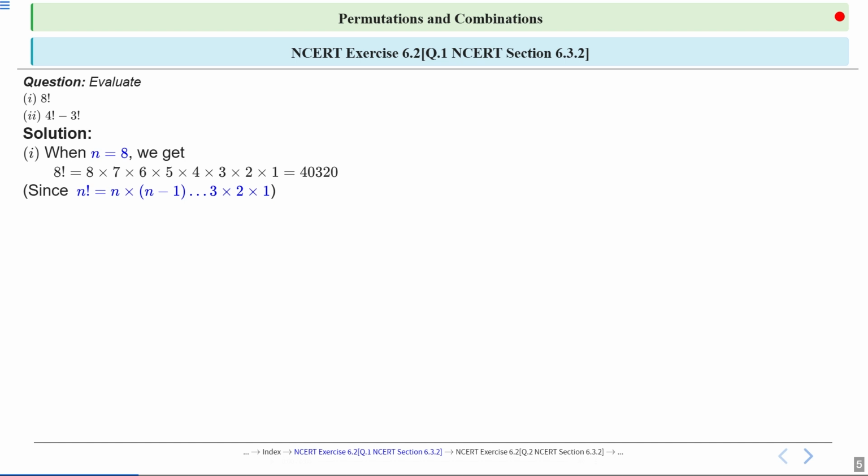So 8 factorial is equal to 40,320, and here basically we use this formula n factorial is equal to n times n minus 1 times n minus 2 dot dot dot 3 into 2 into 1. Now we have calculated here 8 factorial is equal to 40,320.